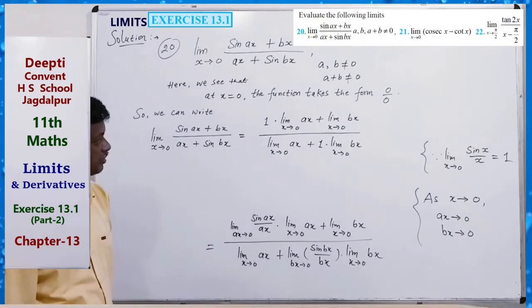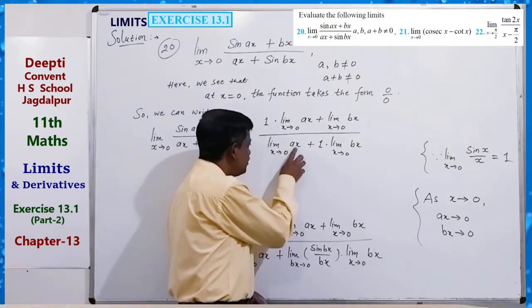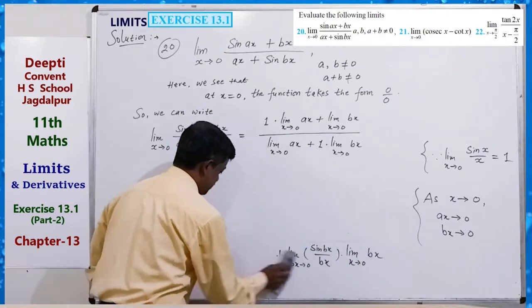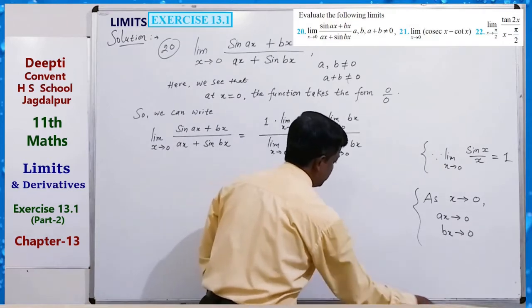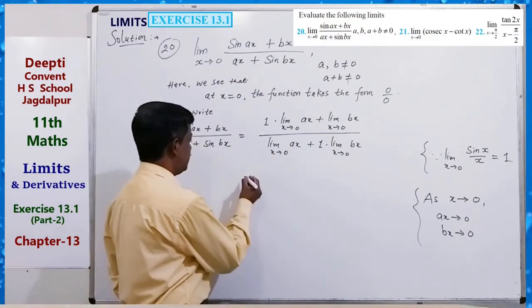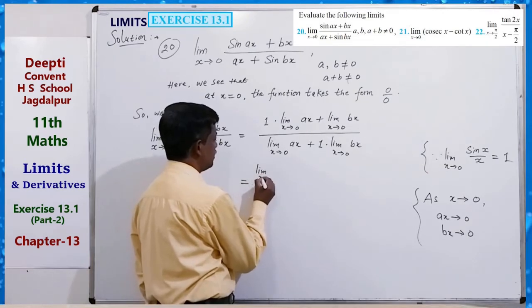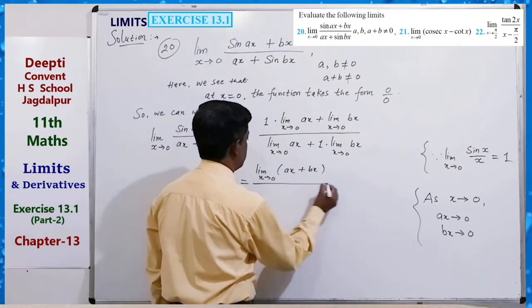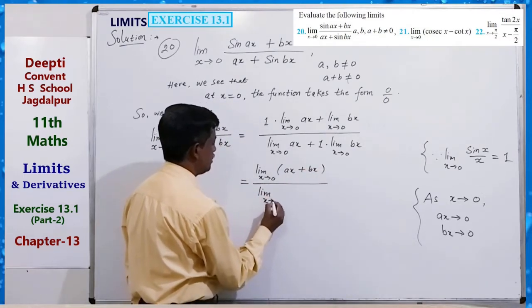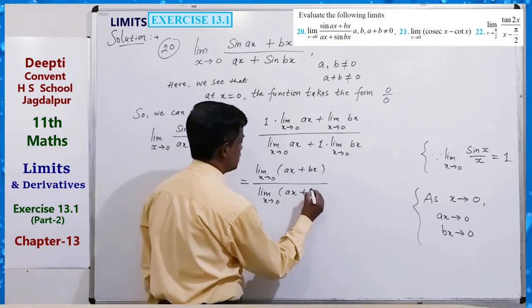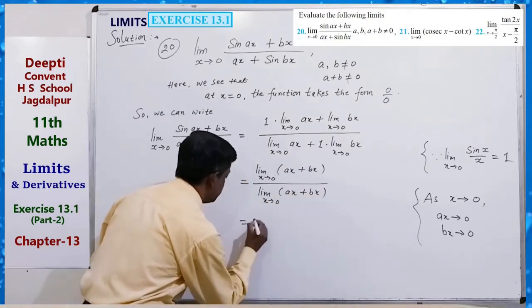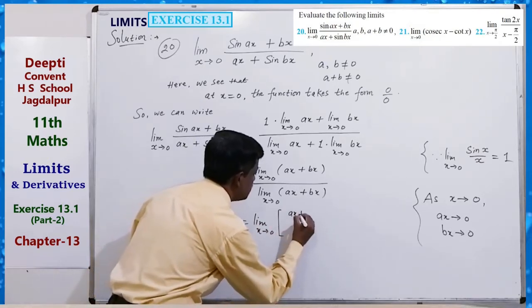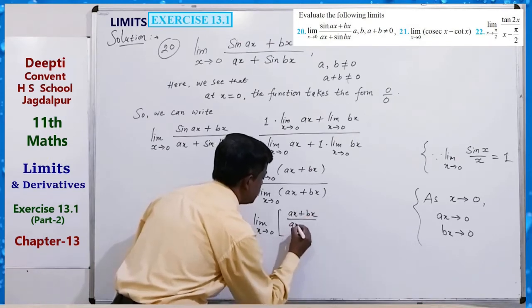Okay. Now if we put x equal to 0 here, again we get 0 by 0. So we are trying to get a definite value. For that, in the numerator write limit x tending to 0 of ax plus bx, and in the denominator also write ax plus bx. Now we can write limit x tending to 0 of (ax plus bx) upon (ax plus bx).